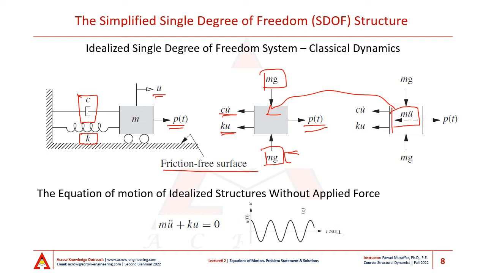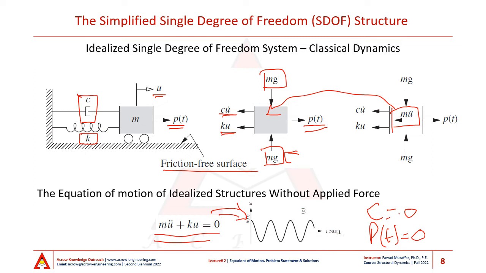Now, at the bottom of the slide, we have an equation of motion. And this equation of motion is basically the equation of motion of a single degree of freedom system when there is no damping in the system and when the system is vibrating freely, so there is no external force applied on this system. And we can solve this linear differential equation and get the displacement of the mass as a function of time.